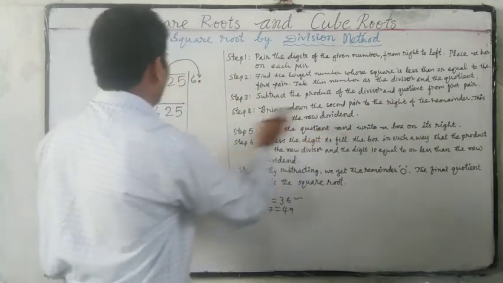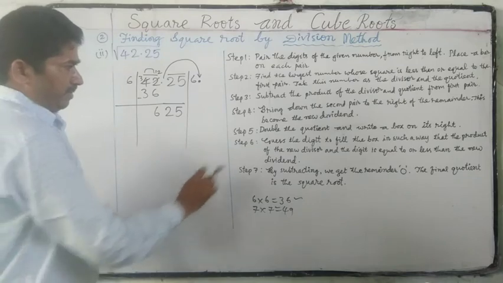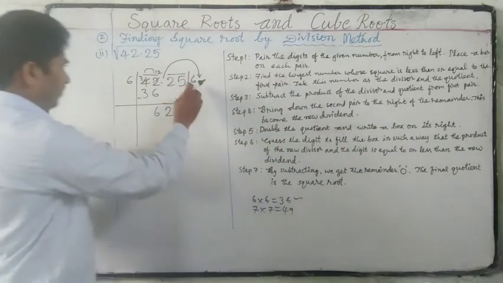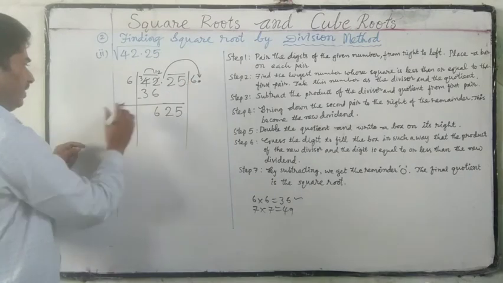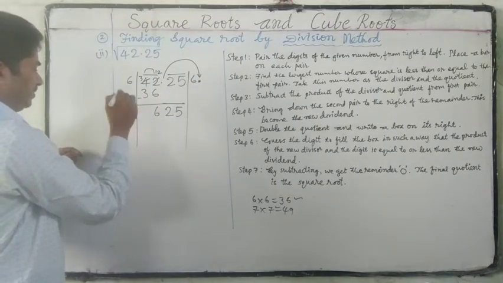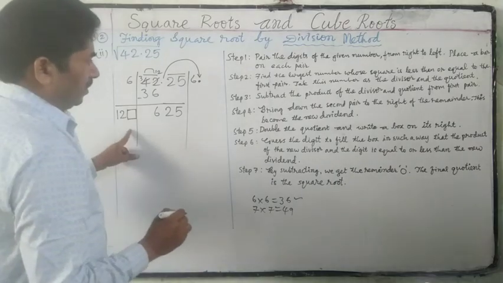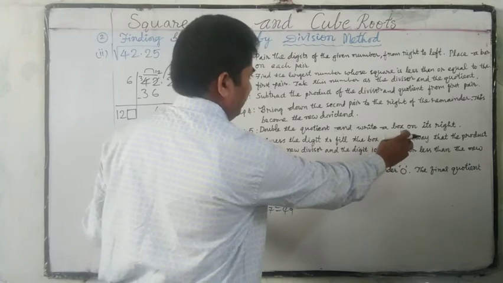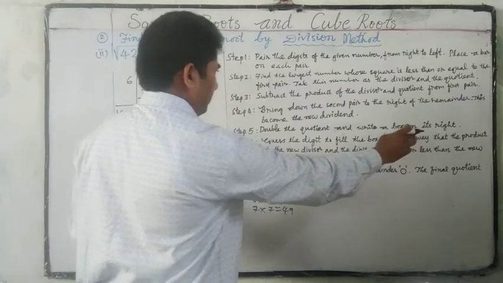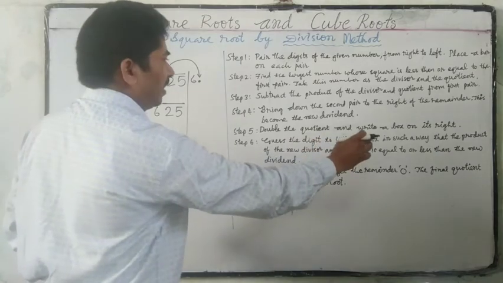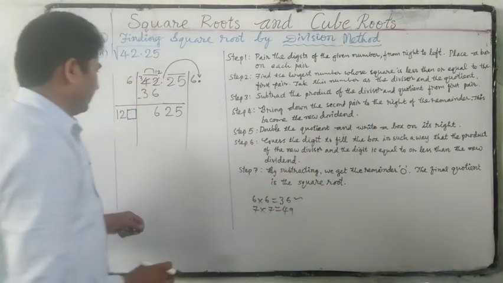This becomes the new dividend. Double the quotient and write a box on its right. This is the quotient; we have to double 12. Keep a box on the right side. Guess the digit to fill the box in such a way that the product of the new divisor and the digit is equal to or less than the new dividend.